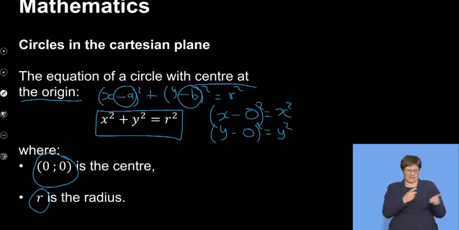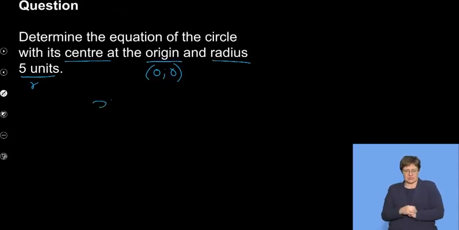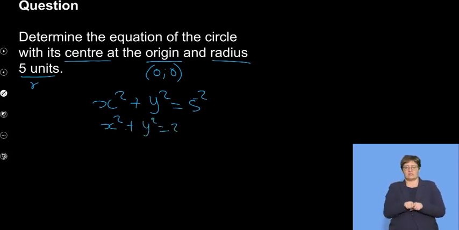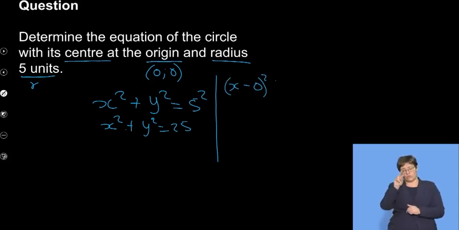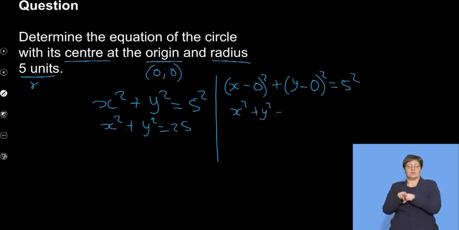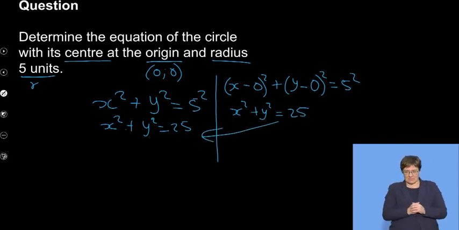So this will just be x squared plus y squared equals 5 squared, and then x squared plus y squared equals 25. If you wanted to use the other equation, it will be (x minus 0) squared plus (y minus 0) squared equals 5 squared, and then x squared plus y squared equals 25. So it's more or less one and the same thing.